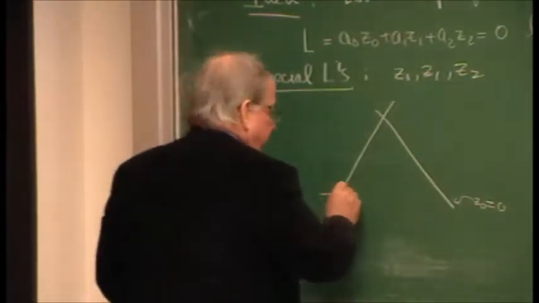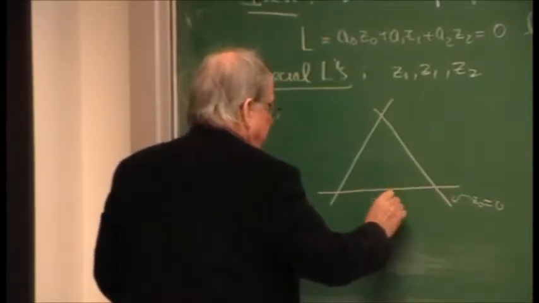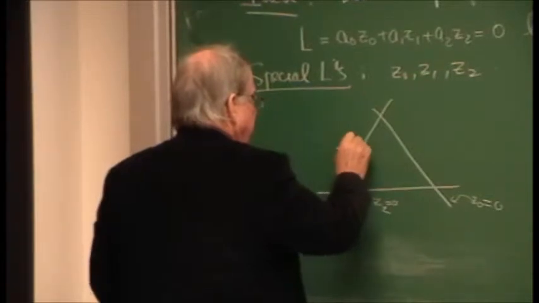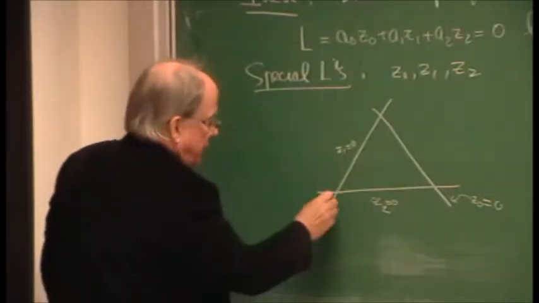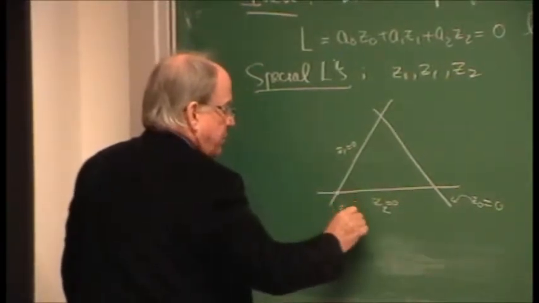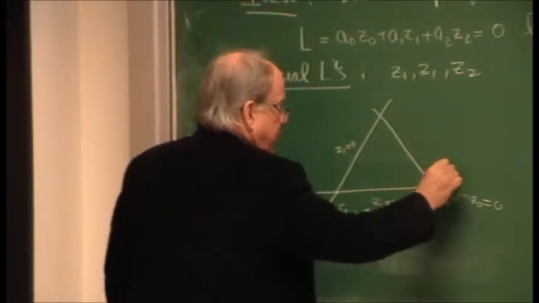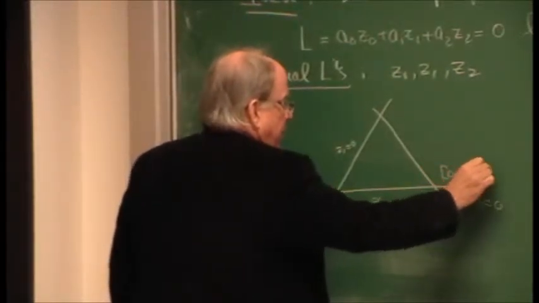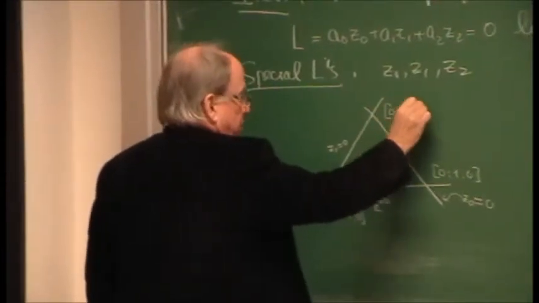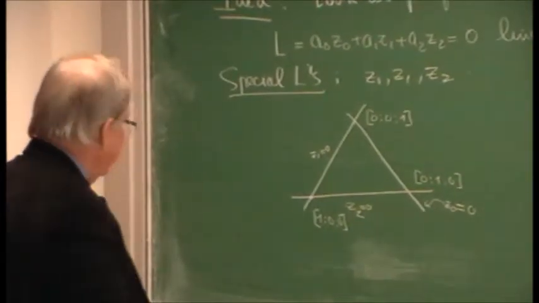Maybe this is Z2 equals 0, and this is Z1 equals 0. For example, they intersect here at the point 1, 0, 0. And they intersect here, this is the point 0, 1, 0. And they intersect here, this is the point 0, 0, 1. Okay, that's where these things intersect.